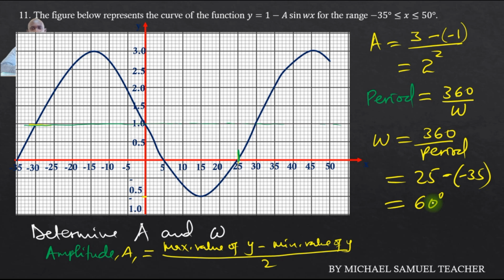That is the period. Therefore, period is 60 degrees. Now we need to get W. W will be 360 divided by 60, which is 6.